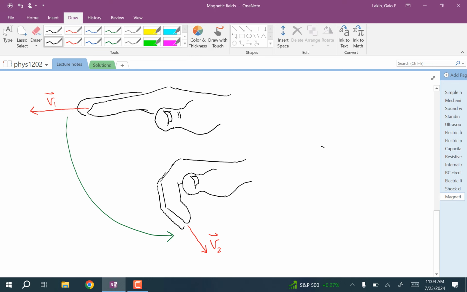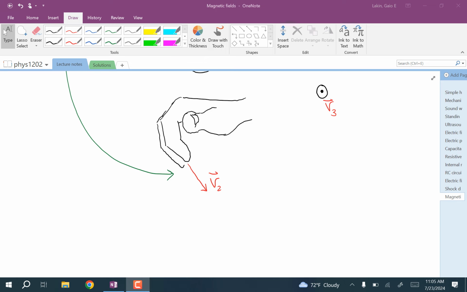Okay, so V3 is coming out of the page. And so you can always use your right hand to find this relationship between V1 and V2 and the vector that comes out of it.